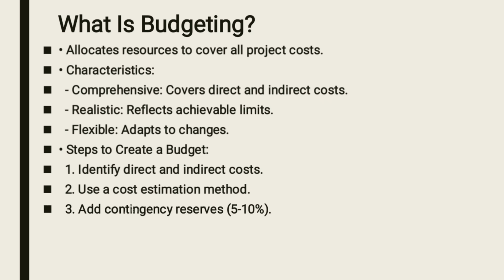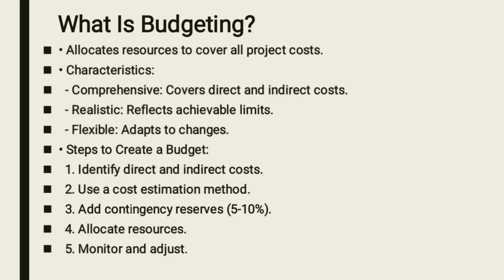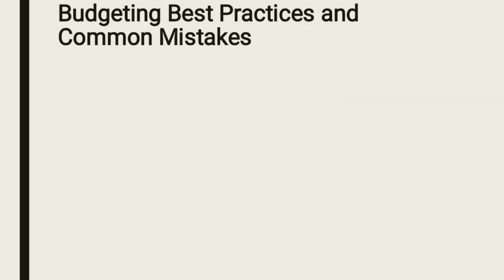That means you calculate an amount that is 5% to 10%, and that amount should be added to that $100,000. Then allocate the resources to all the tasks of that project. Then as your project is running, you should monitor how you're spending your budget, and adjust if those adjustments are needed.